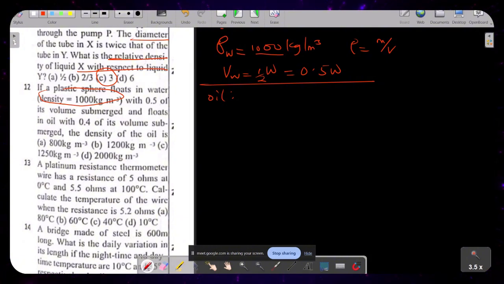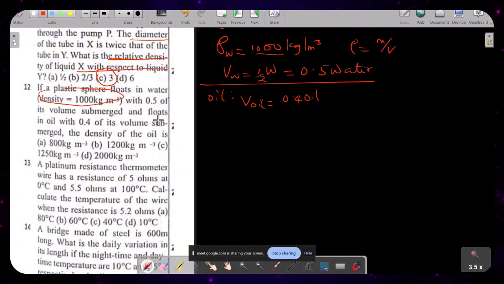So for the volume of oil, the volume is going to be what? 0.4 oil. For water, the volume is 0.5 water. For oil, the volume is 0.4 oil.